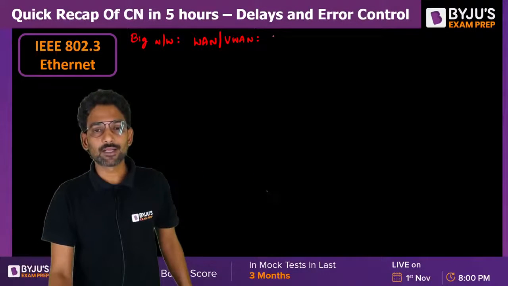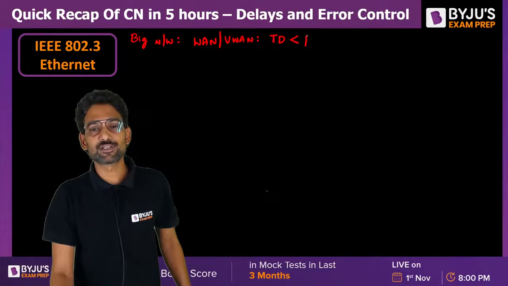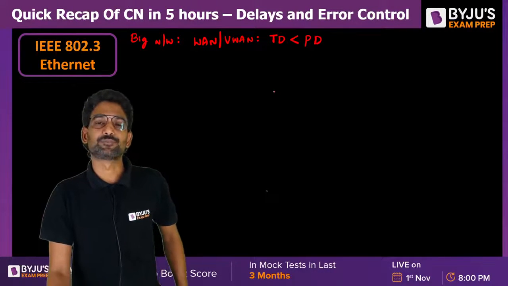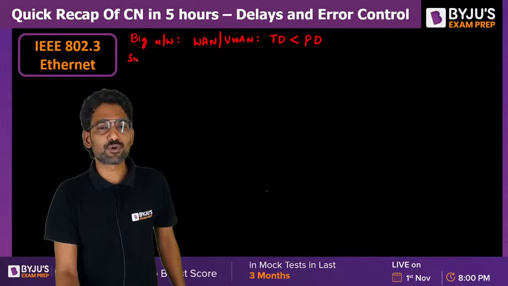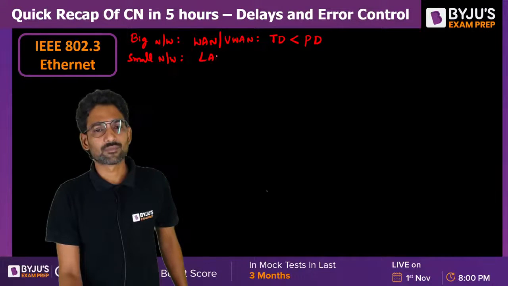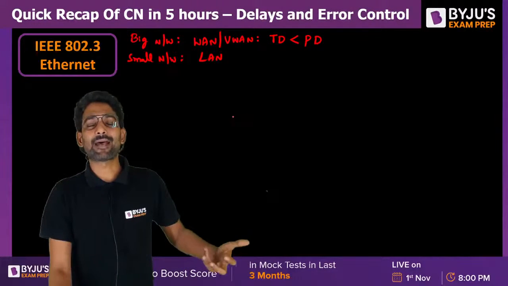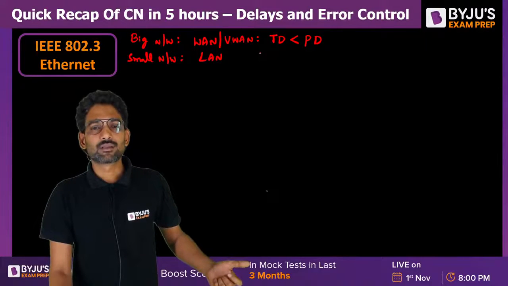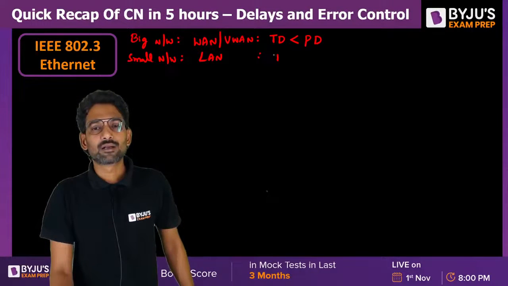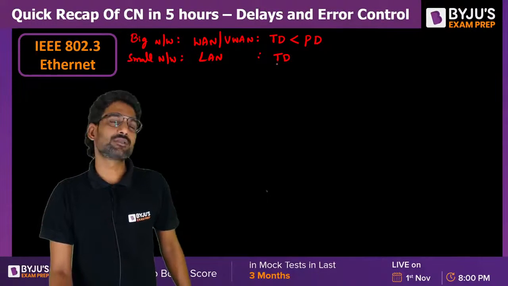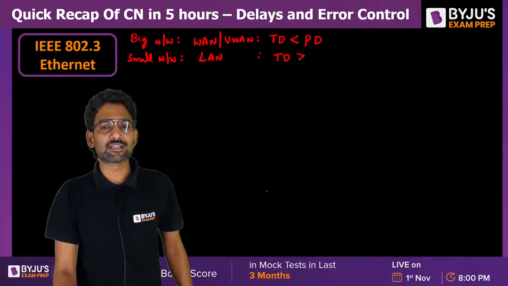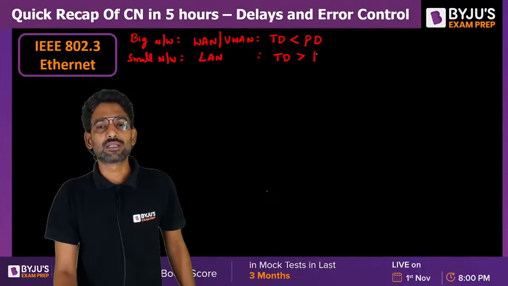So there transmission delay will be less, propagation delay will be more. But if you take small networks like local area networks or Bluetooth or PAN, there the distance between the nodes is very less, so transmission delay will be more than propagation delay, or maybe you can say equal.